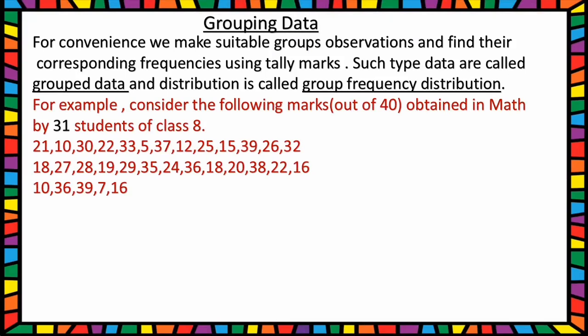For example, consider the following marks out of 40 obtained in math by 31 students of class 8. It is very difficult to find for each student, so we can arrange this in groups.